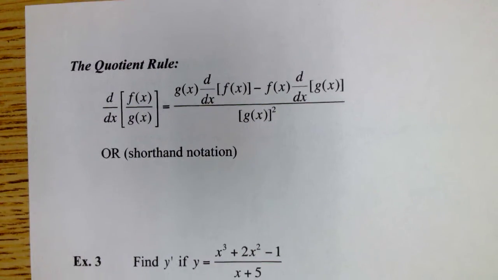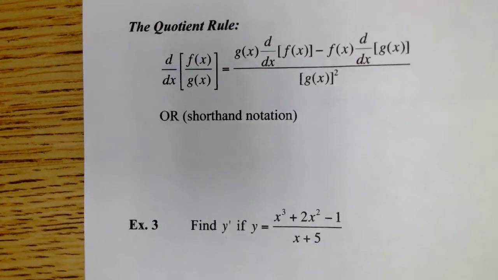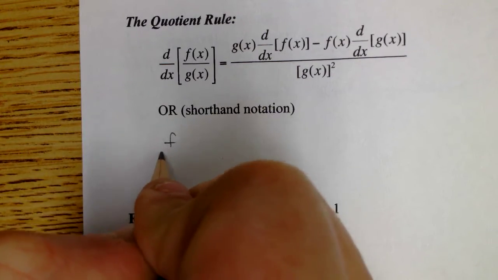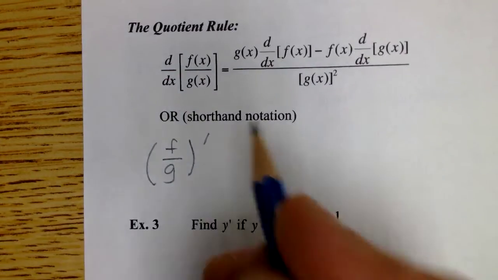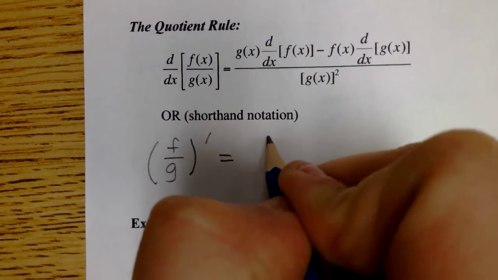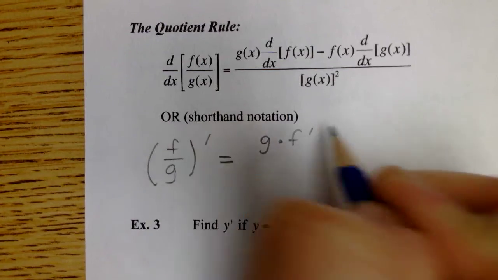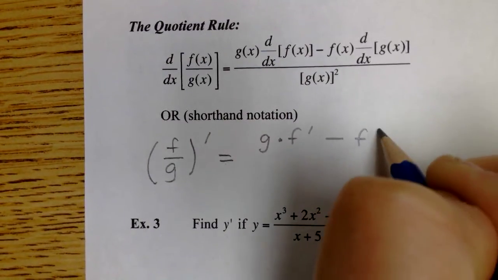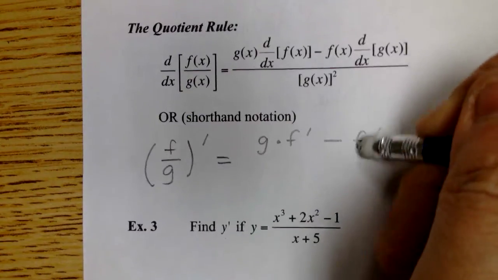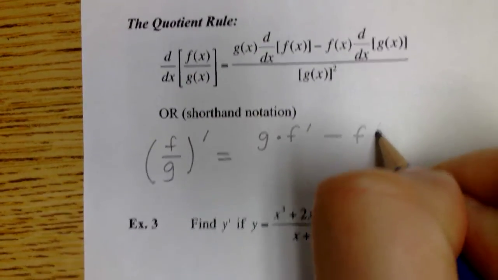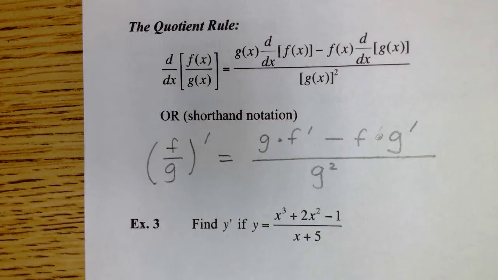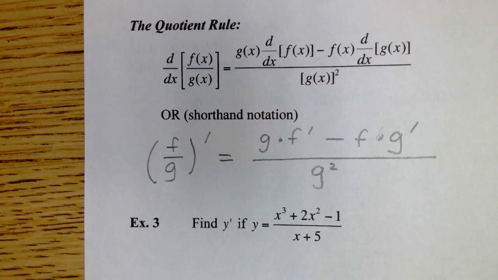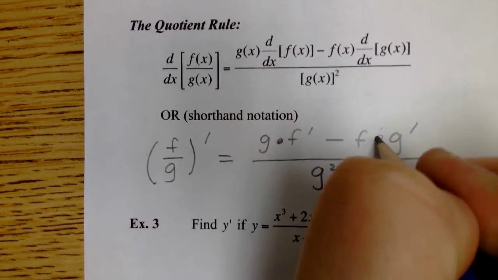The shorthand notation for this: if I am taking f divided by g, prime, it's going to equal g times f prime minus f times g prime, all of which is over g squared. This is times, this is times.